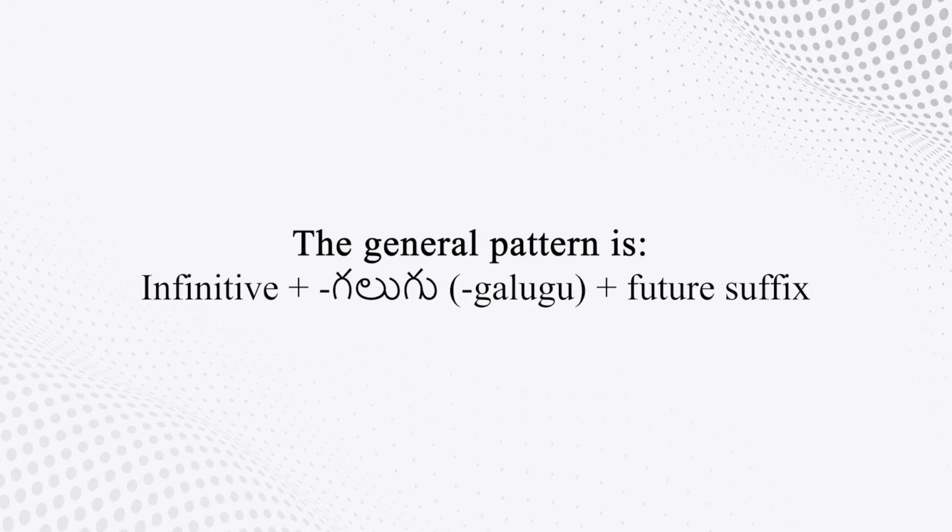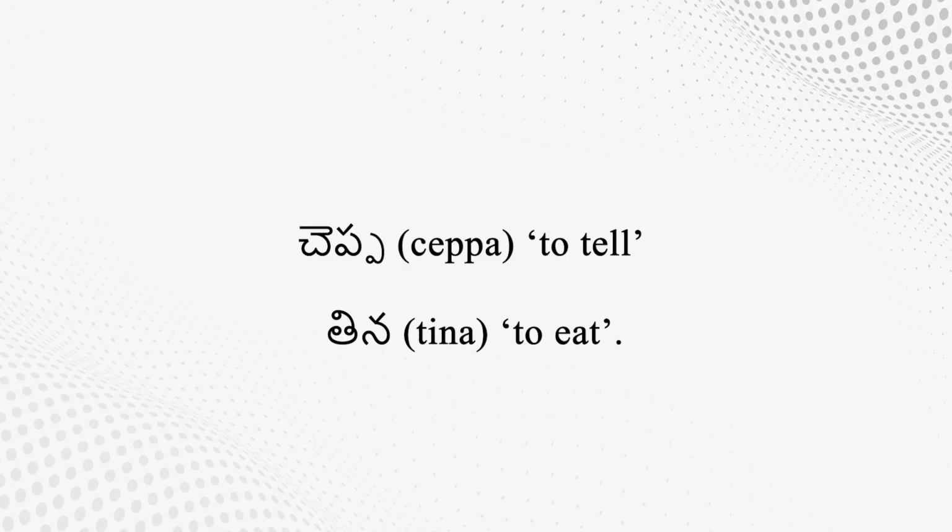The general pattern is infinitive plus galugu plus future suffix. The infinitive carries the core meaning of the verb such as cheppa to tell, tina to eat. Finally, the future suffix modifies the verb to show that the action will take place in the future.